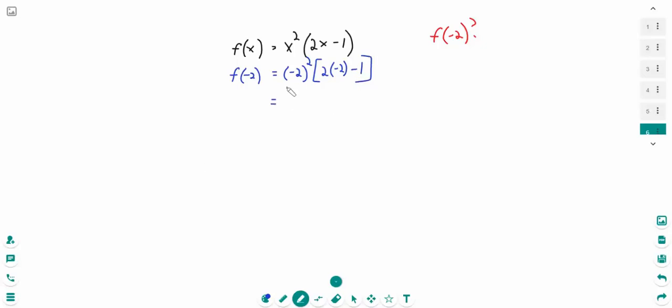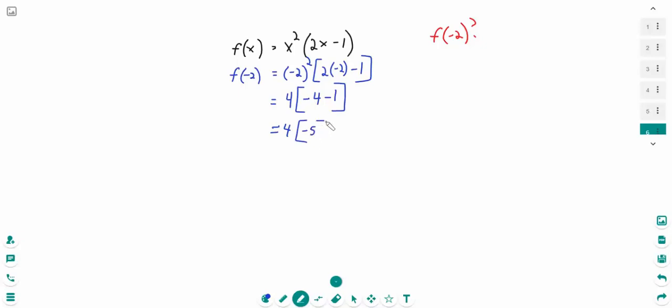And now we can go, what's negative 2 raised to the second power? Because that power is outside the parentheses, we include the negative sign, right? So negative 2 times negative 2 is a positive 4. Then we have our bracket, and we have 2 times a negative 2. Well, that's a negative 4, and we still have that negative 1, right? And now we can solve the inside of these brackets.